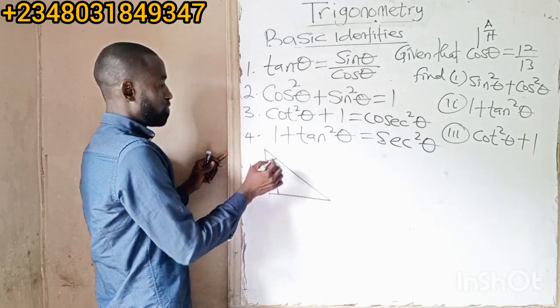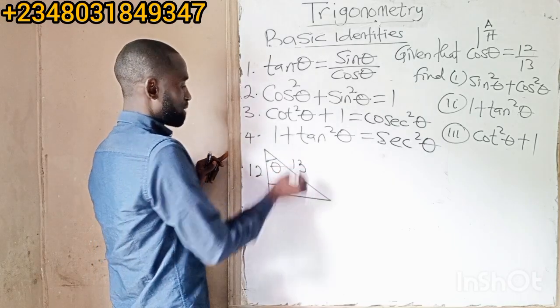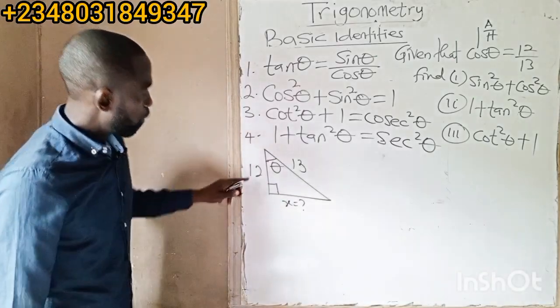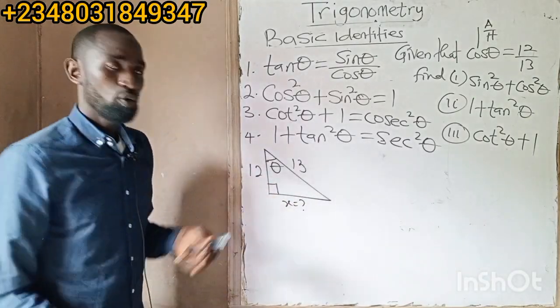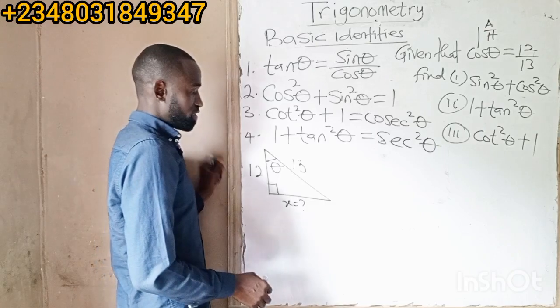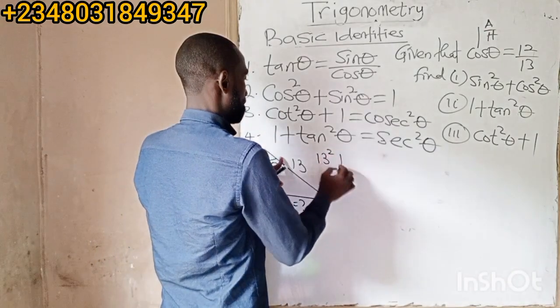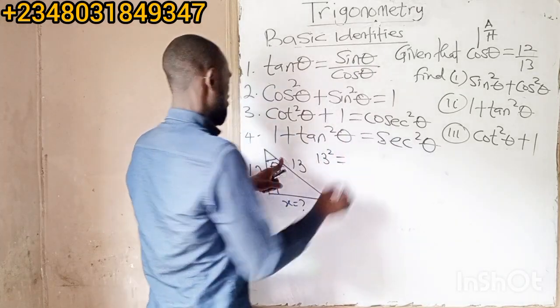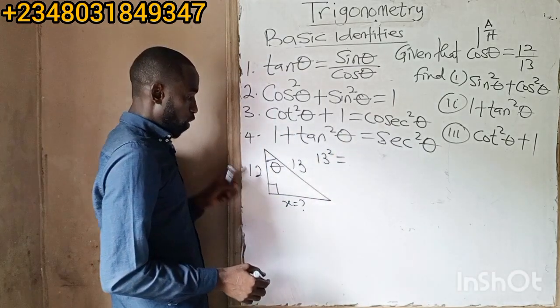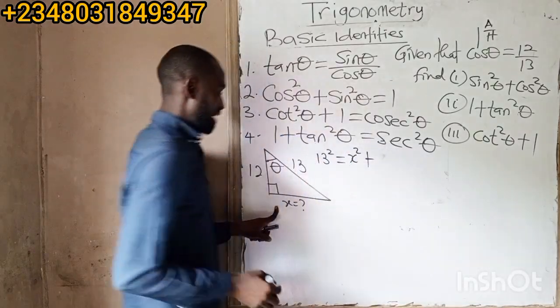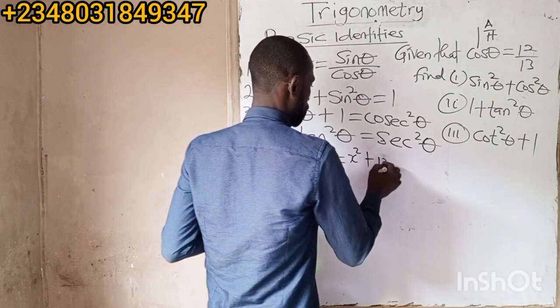Adjacent is 12. Hypotenuse is 13. So I'm looking for the last one, the opposite. This is x. When the question is in this form, we use Pythagoras theorem. Hypotenuse squared, 13 squared, is equal to opposite squared, that is x squared, plus adjacent squared, that is 12 squared.